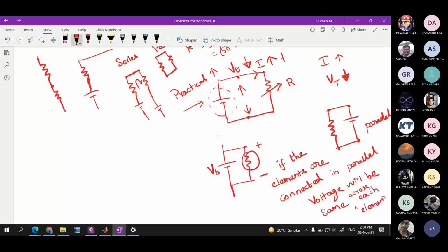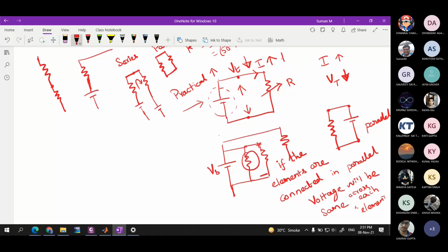Okay, so here two elements are there, so voltage across both the elements will be same. If you are having another element like this which is also parallel, then the voltage across all the three elements will be same. So if you are connecting in parallel, the voltage will be same irrespective of the current flow in the external.